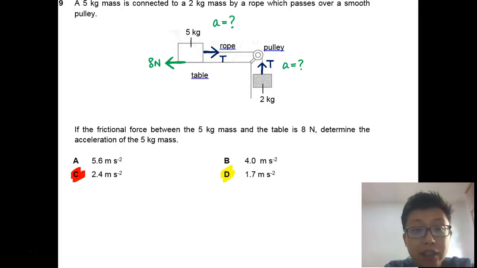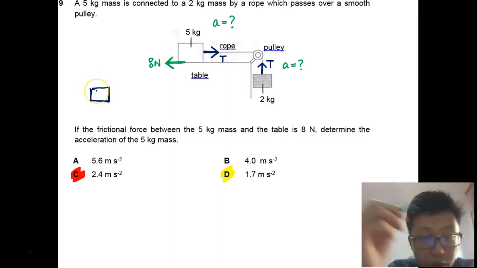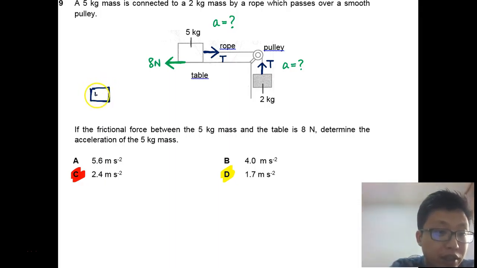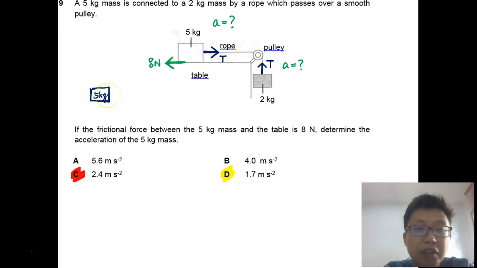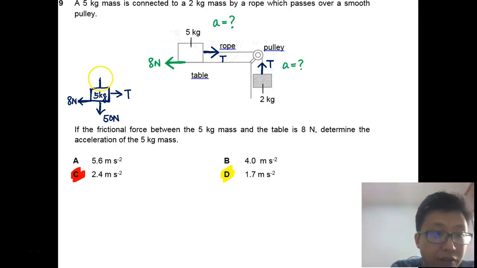Once you have that, let's isolate the 5 kg body and the 2 kg body. I will isolate the 5 kg first. You can also isolate the 2 kg first, it doesn't matter. It's just that it looks like 5 kg is easier. On the 5 kg block, I have 8 Newton working here, and I have a tension down here, and of course I would have the weight, which is 50 Newton, but the weight will be balanced off by the normal contact force from the table.